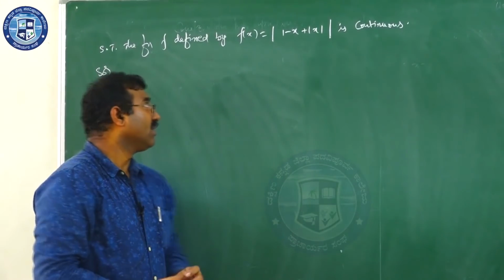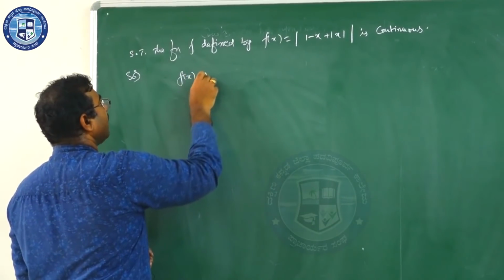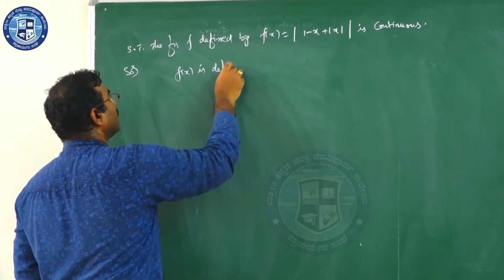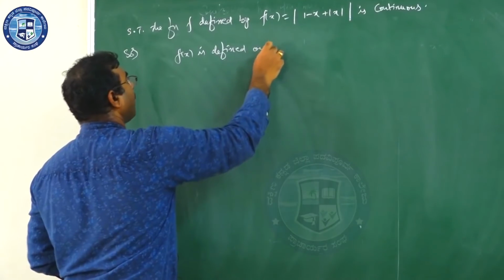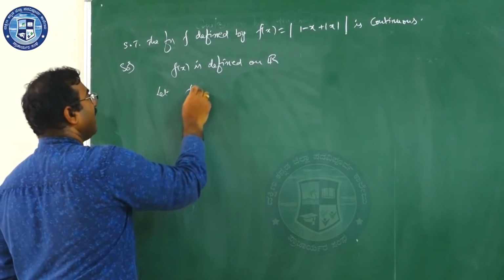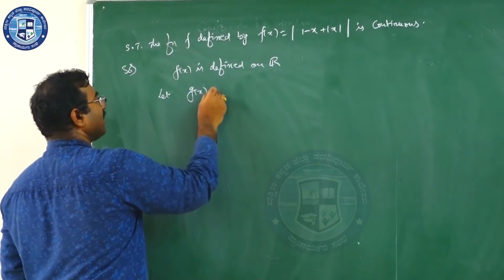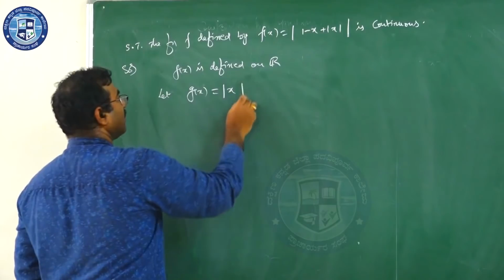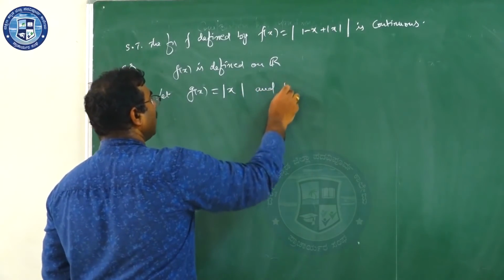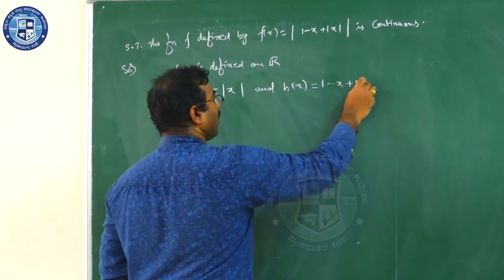Okay, f of x is defined on R. Let g of x is equal to mod x and h of x is equal to 1 minus x plus mod x.